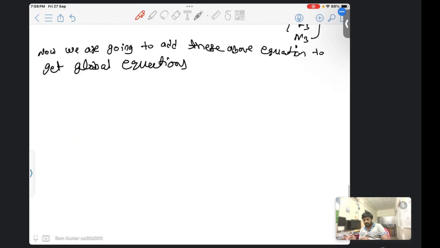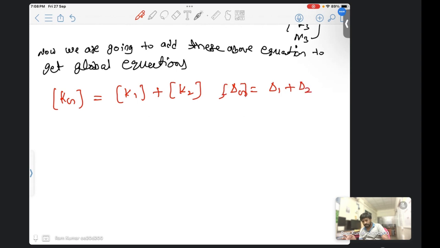So what will be our global matrix? K global equal to K1 plus K2, and delta global equal to delta 1 plus delta 2 in matrix form, and F global equal to F1 plus F2. Now please tell me what will be your global stiffness matrix.